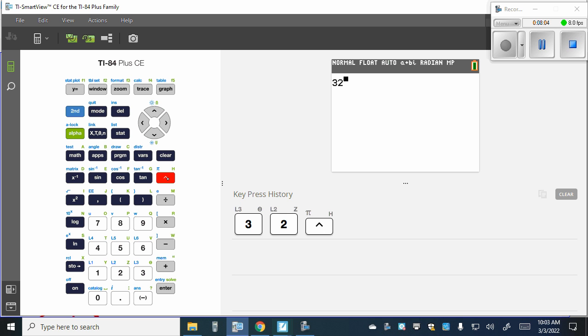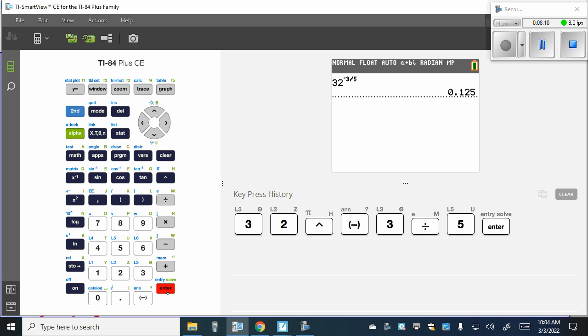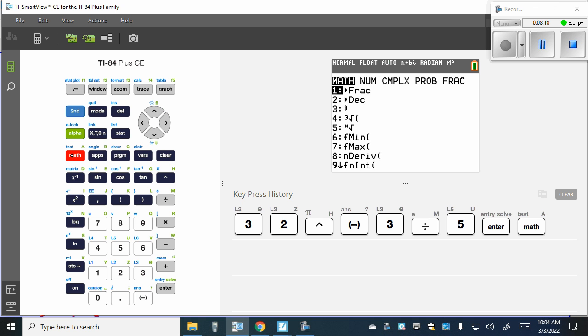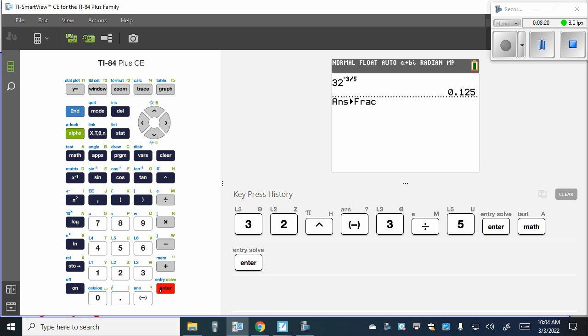Now let's check with the calculator: 32 to the -3 divided by 5. Is that the same thing we got? Well, that's a decimal, isn't it? So we can go math, enter, enter, and we get 1/8. Because it is a nice root, it does work out this way.